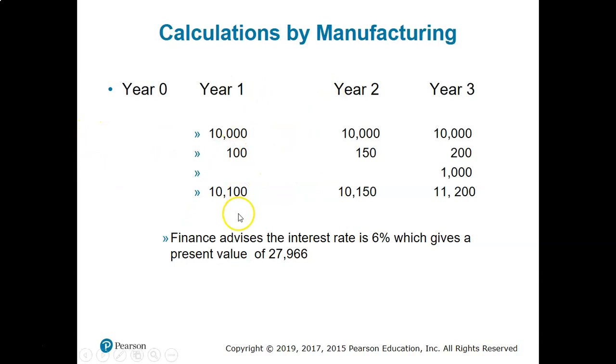If you discount these figures, this is the value you have to discount for 1 year at 6%. This is the amount that you have to discount for 2 years at 6%, and this is the amount you have to discount for 3 years at 6%, and then you'll get the present value of each figure, and if you add all these three, you will get 27,966.